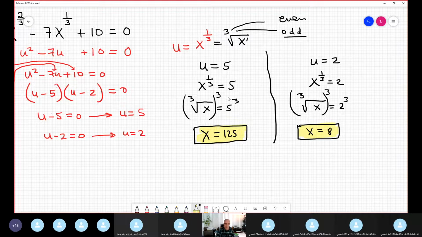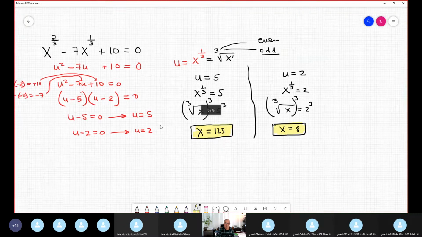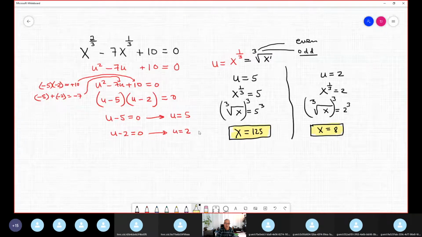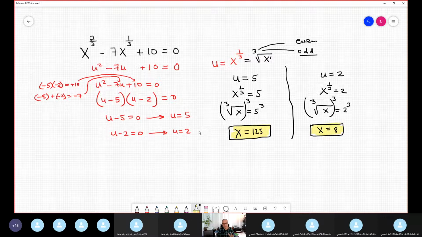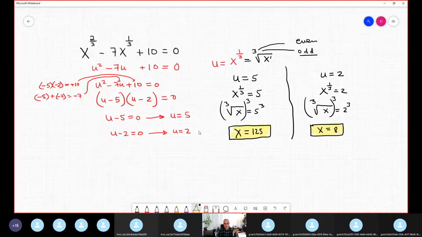Okay, so now in this example, let me summarize so far. We have one equation in quadratic form. How do you know? Because we have two exponents. The first one is 1/3 and the second one is 2/3.